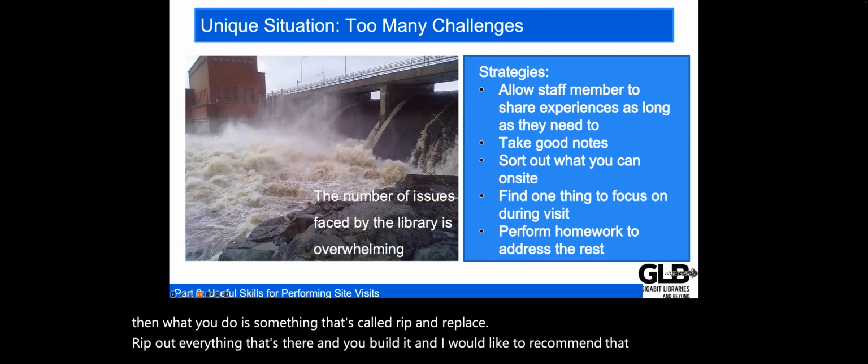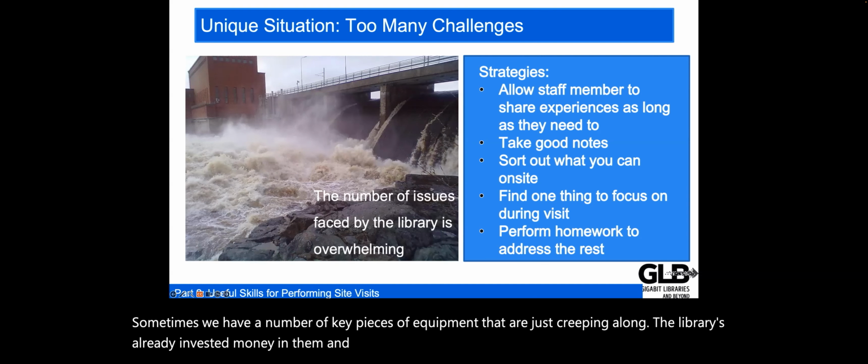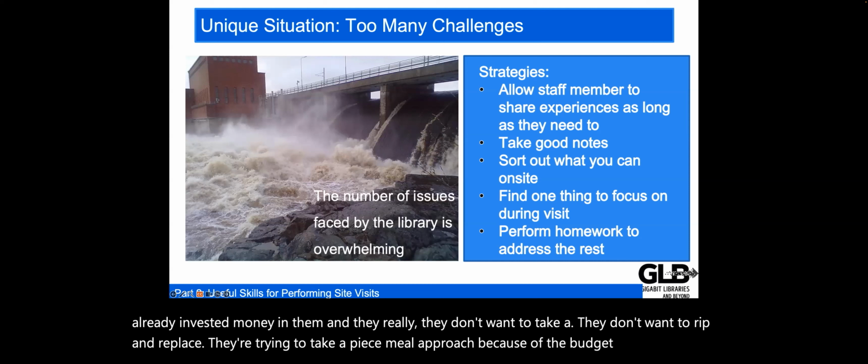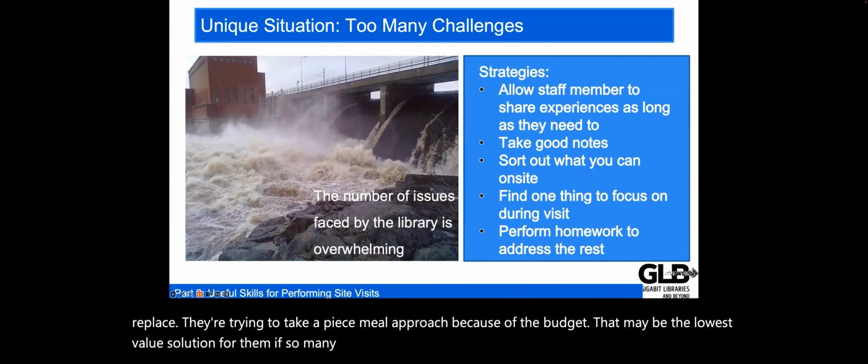In many cases, sometimes we have a number of key pieces of equipment that are just creeping along. The library's already invested money in them, and they don't want to rip and replace. They're trying to take a piecemeal approach because of the budget. That may be the lowest value solution for them if so many things are broken.